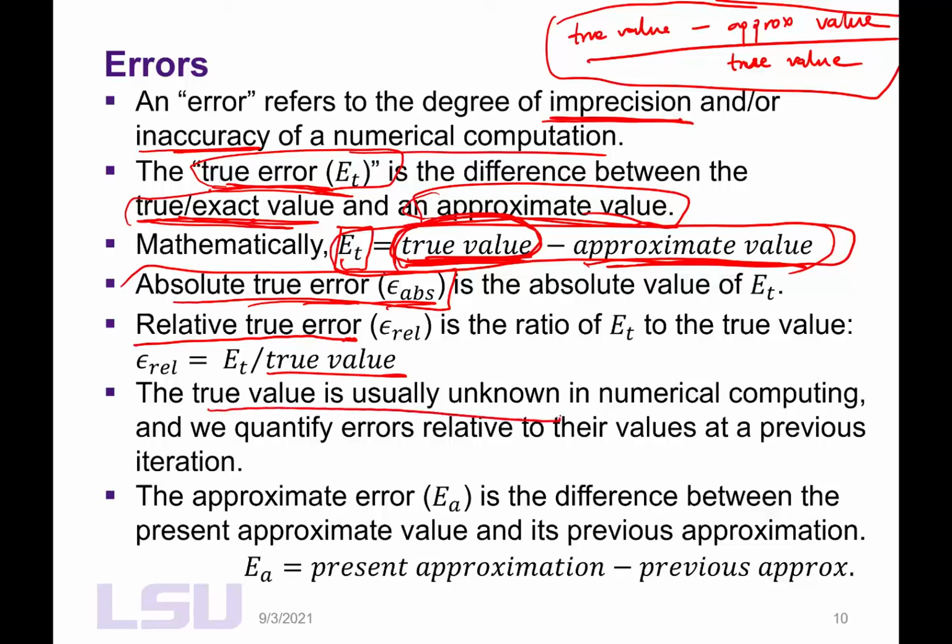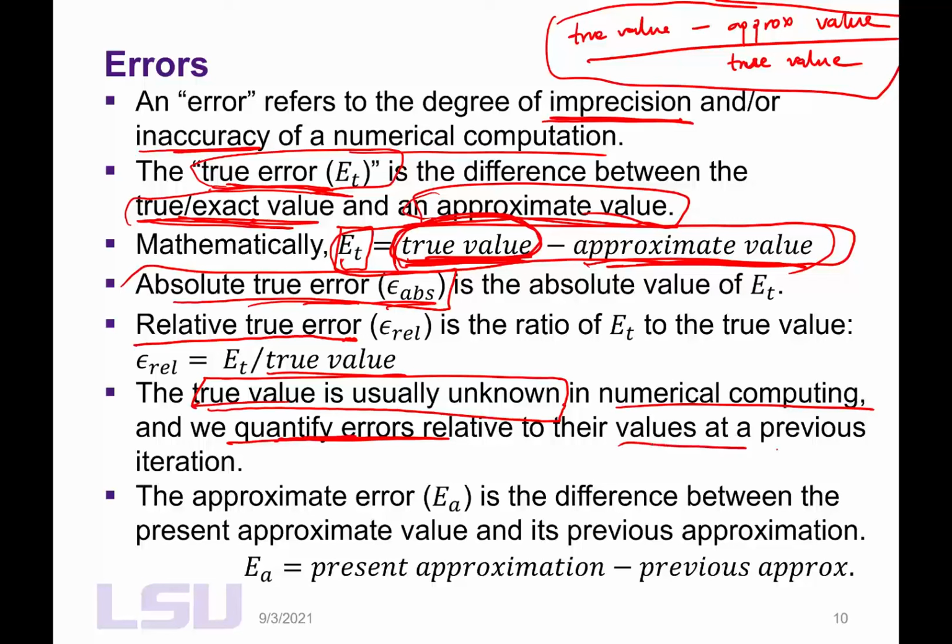True value in many cases is unknown, especially in numerical computing. If we knew it, we wouldn't be solving for it, right? So we need to be able to quantify errors relative to another metric since we don't have the true value.